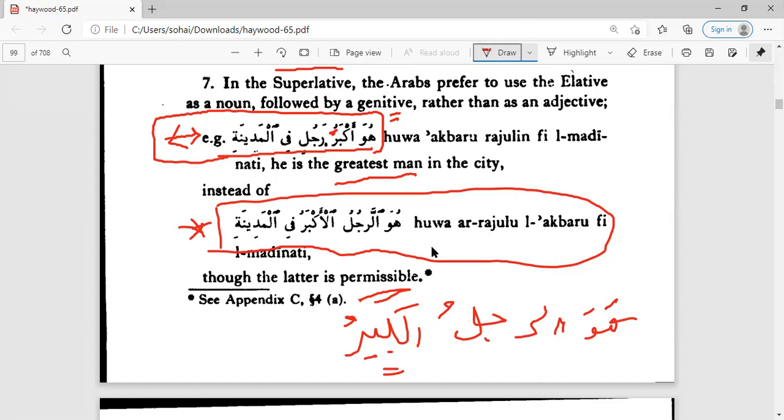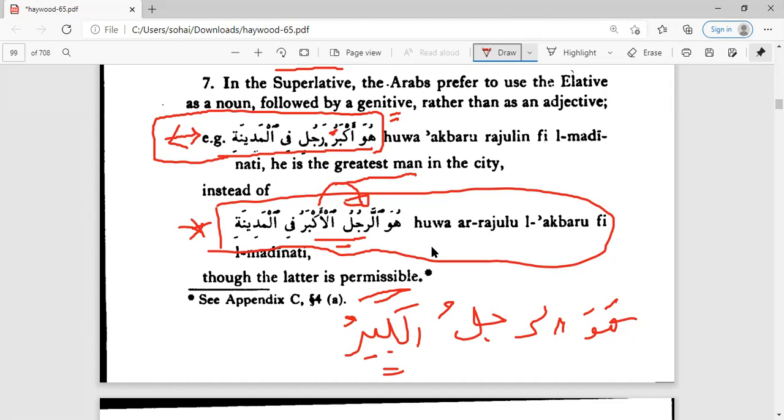But sir, in the second sentence construction, both have al. Yes, al-kabiru is the adjective used for ar-rajulu, but there is no idafa construction. And you said the superlative degree promotes the idafa construction, right? Yes.